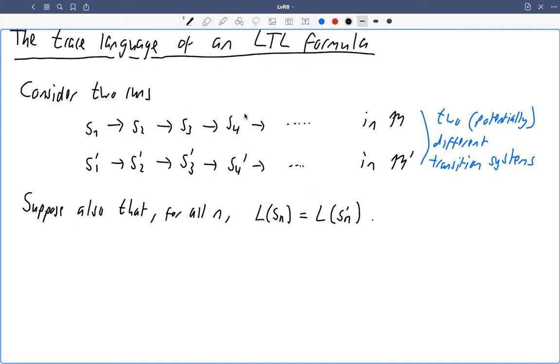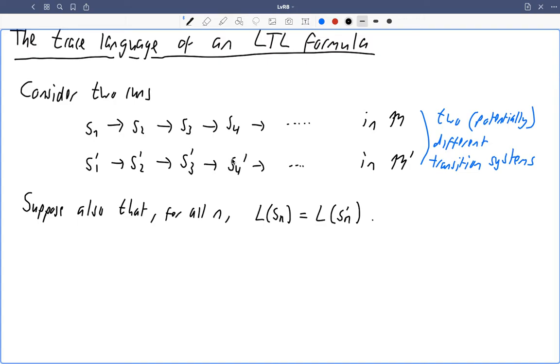So the point is we have two runs, and at every corresponding pair of states, the starting states, the states at time 1, time 2, time 3, for every such pair of states, exactly the same propositional atoms are true. Remember, propositional atoms were things like, in the examples last week, process 1 is non-critical, or process 2 is trying to get critical.